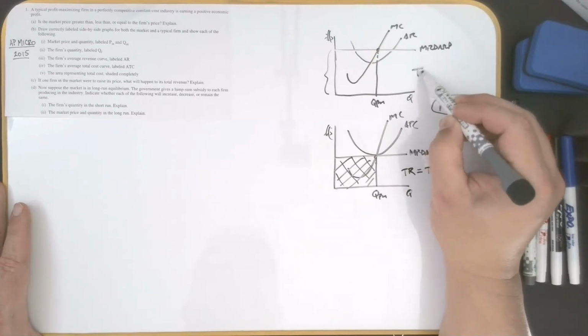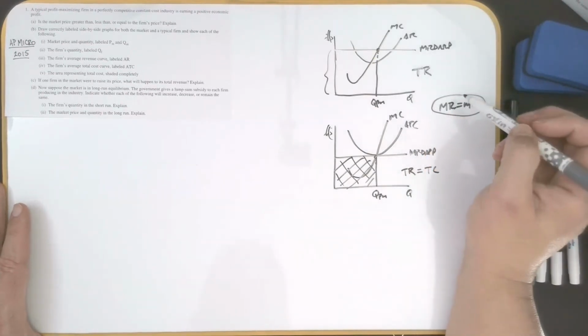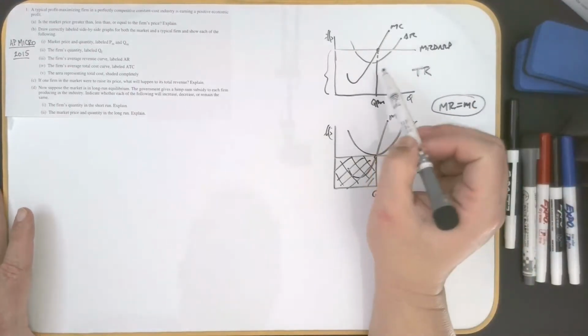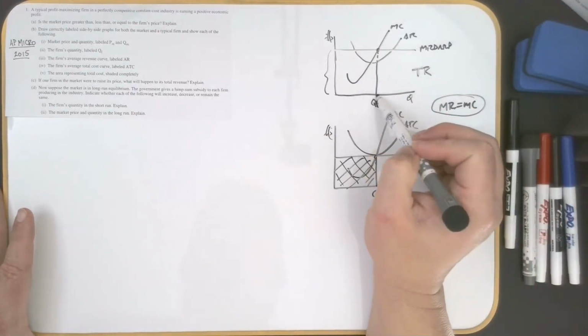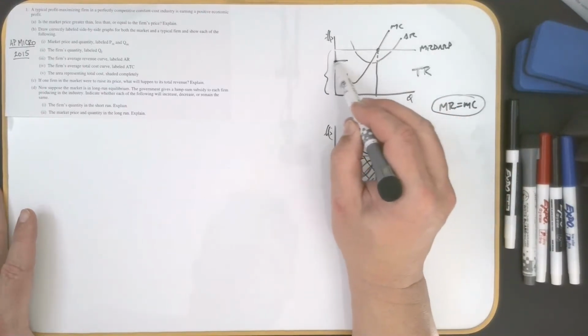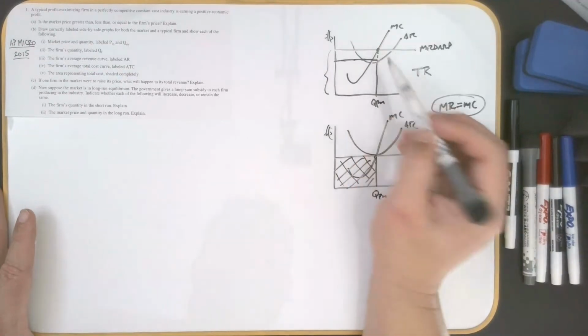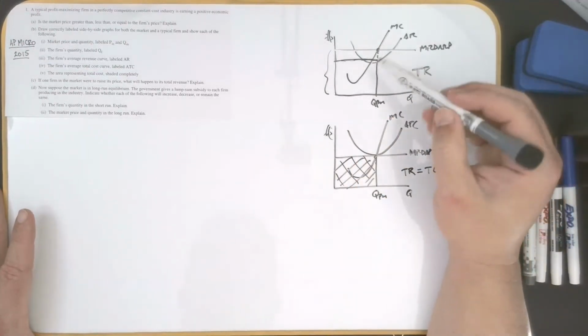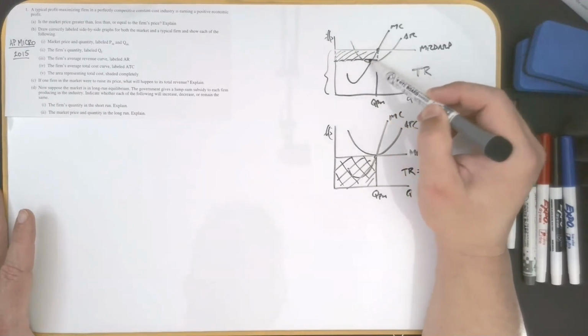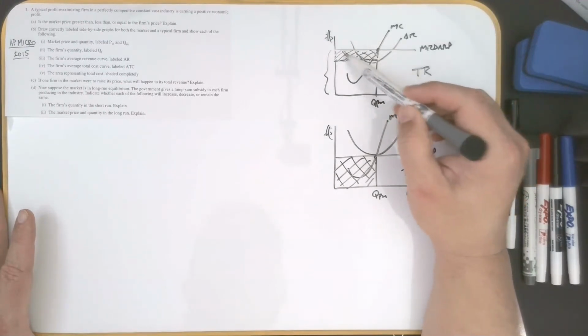Now, the total revenue is going to be made up of two things. It's going to be made up of costs and profit. So, if you look at this one, if we go to where our profit maximization quantity hits our cost curve, what it's going to do is break the total revenue up into two separate rectangles. There's going to be this one here, and that would actually just be our profit.